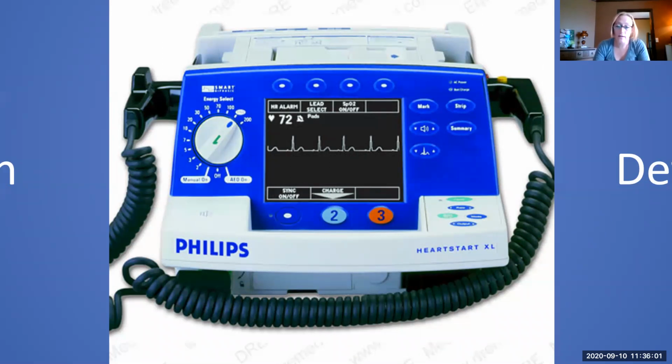So sync on if you're cardioverting, sync off if you are defibrillating, but it's still the same machine. And usually with our defib, we're going to go up to at least 200 joules for our biphasic machines. I don't think there's too many monophasic machines out there anymore, because then you have to go up to like 360. So the energy travels differently, so you got to use more energy.